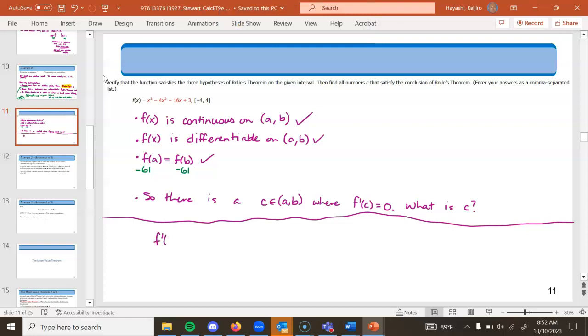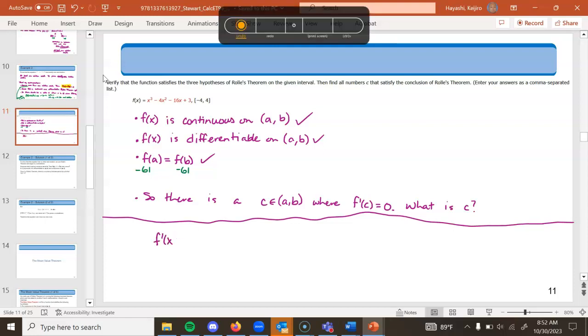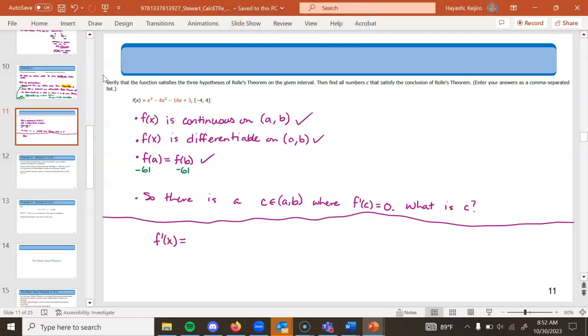Okay, so f prime of x, let's find the derivative in general first. That's going to be 3x squared minus 8x minus 16, and we'll set that equal to 0. If I think about it, you multiply the 3 and the minus 16, you multiply a and c, and try to find out what two factors of negative 48 are going to add up to negative 8.